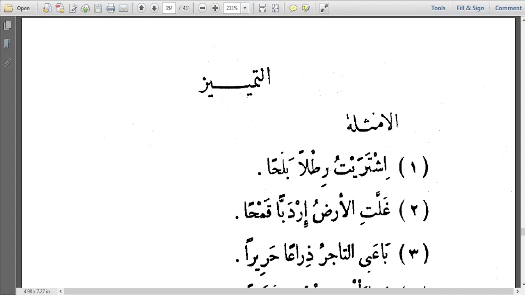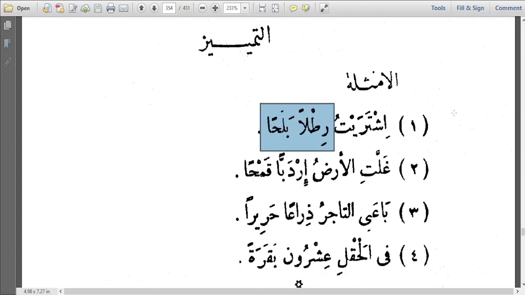He says, Ishtaraitu retlan balhan. Right from the word go, we understand the whole thing from here. When he says retlan balhan, what does it mean? Retl is a pound.